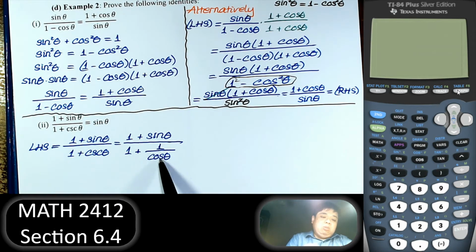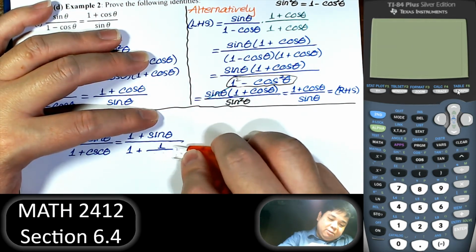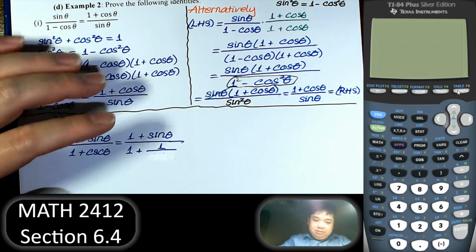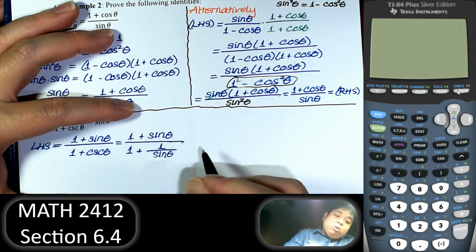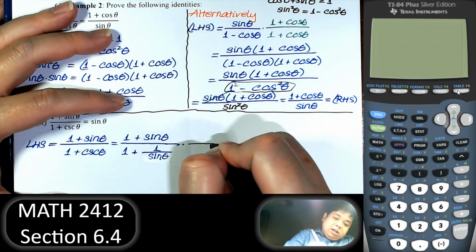But what I'm trying to do here is simplify a fraction. So what I'm trying to do is simplify the fraction by multiplying something top and bottom.